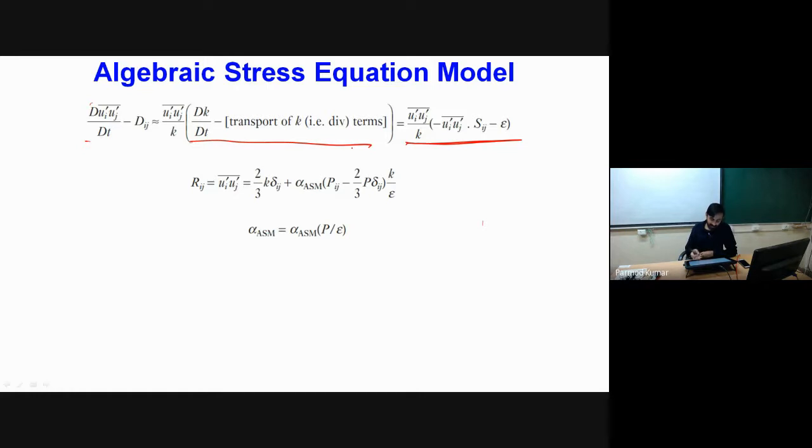Once this approximation is used, the calculation of Reynolds stresses becomes quite simple, and the complexity of solving the convection and diffusion components decreases. This approximation is called the algebraic stress equation model. However, it is not very popular in commercial CFD packages for solving practical and industrial turbulent flow problems.